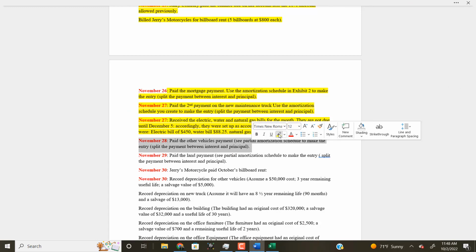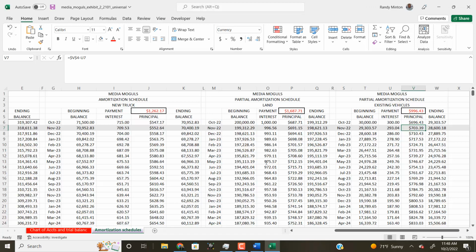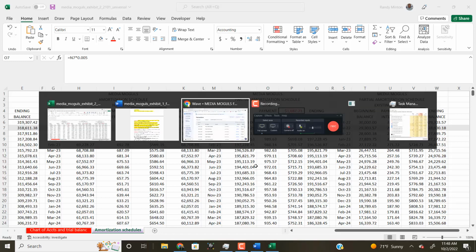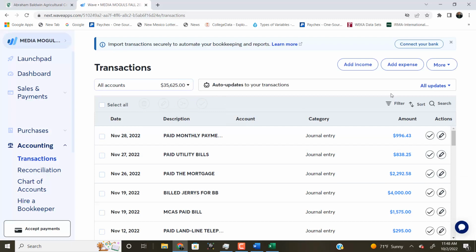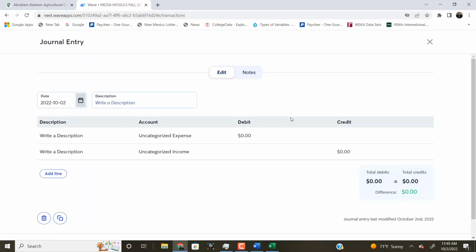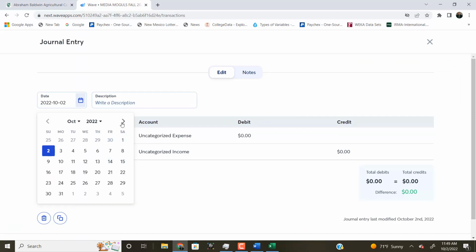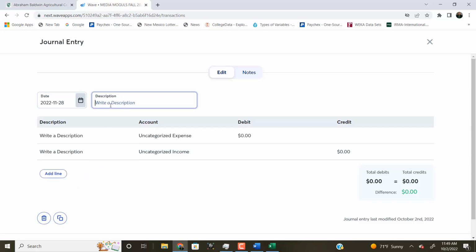On the 29th, we pay the land payment. It's going to be the same kind of a thing. The land payment is right here, 1687.71, and here's your interest expense. In October, November 28th, I think is what it is.